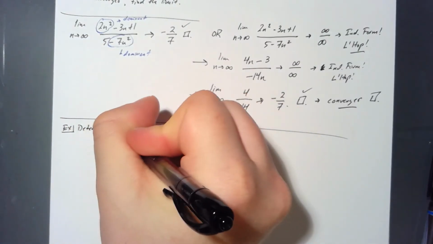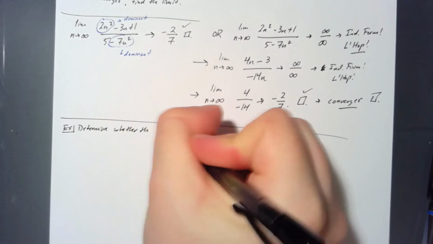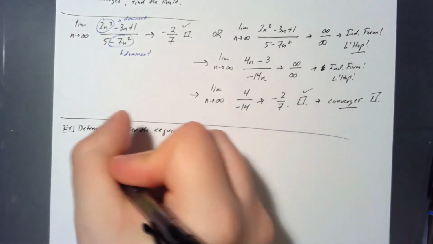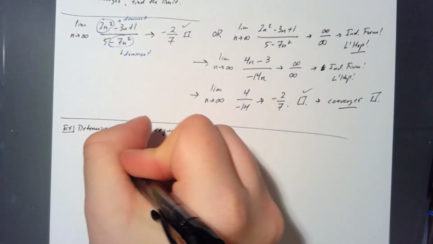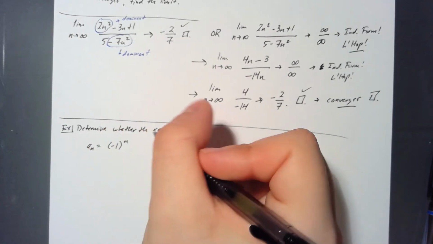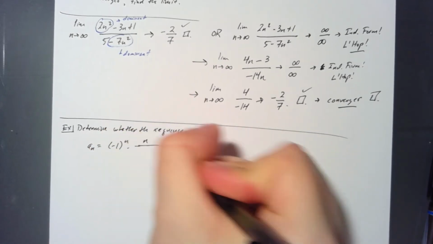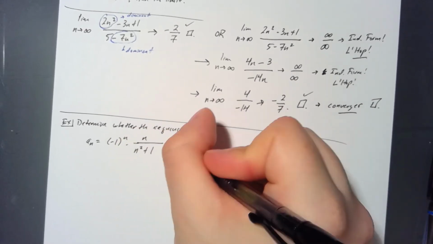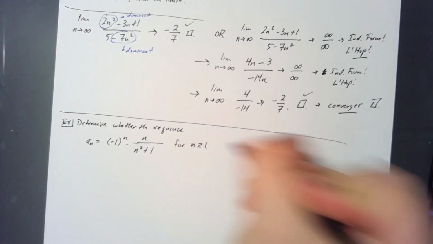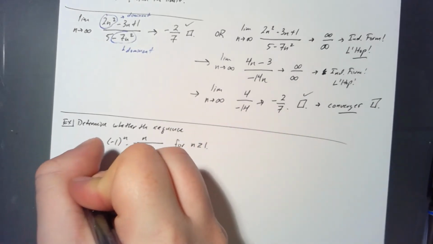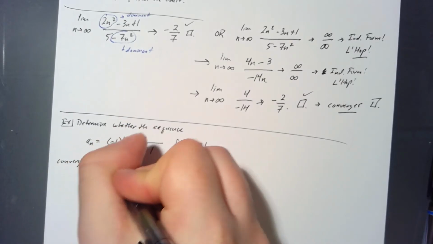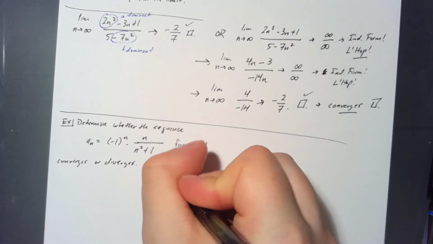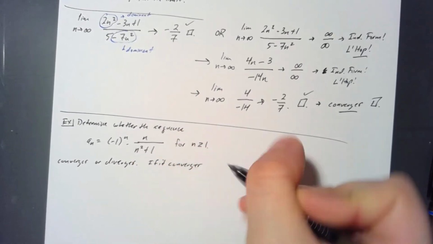Determine whether the sequence a sub n equals (-1) to the nth power times n over n squared plus 1, for n greater than or equal to 1, converges or diverges. If it converges, find the limit.